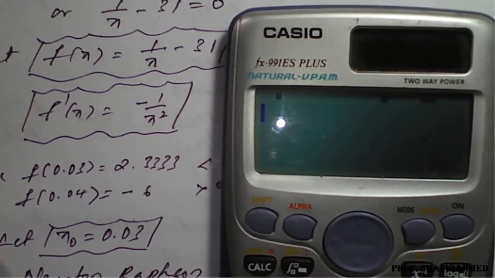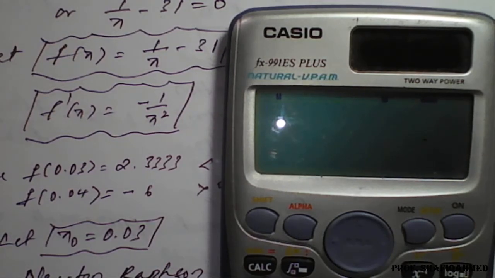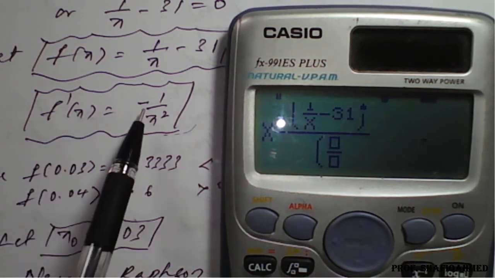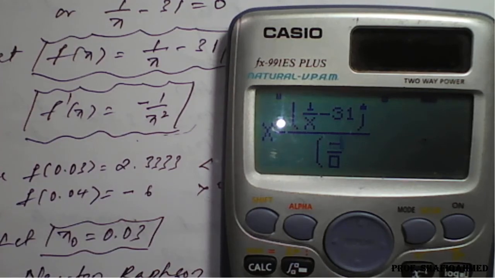So we type x minus fraction 1 upon x minus 31, close the bracket, divided by bracket, again fraction, because f dash of x is minus 1 upon x square, so minus 1 divided by x square. Close the bracket by taking the side cursor and go for the calc option.